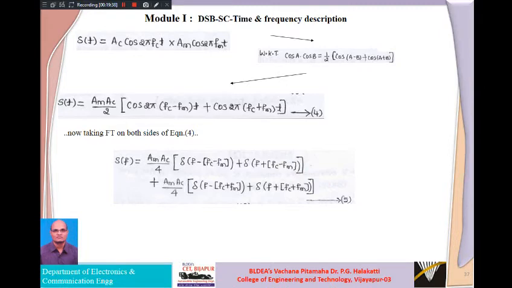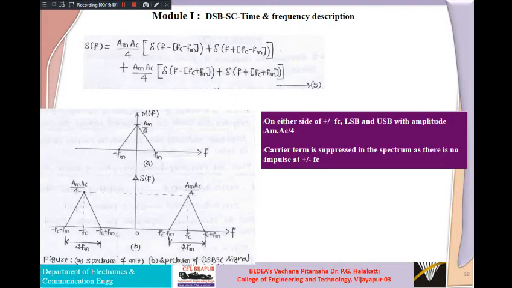If you look at the figure here, this is your bandpass signal with a bandwidth of 2fm, having the amplitude limited to Am by 2. This is M(f), the message signal, and this is S(f), the spectrum of your DSB-AC AM signal.